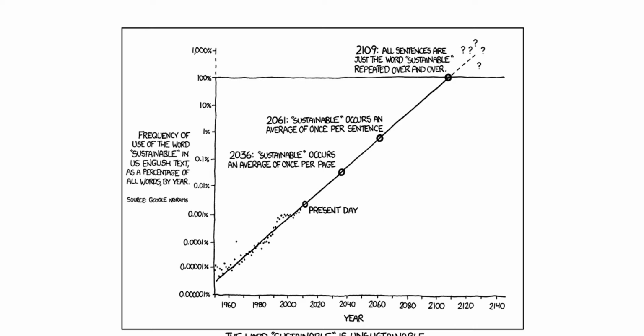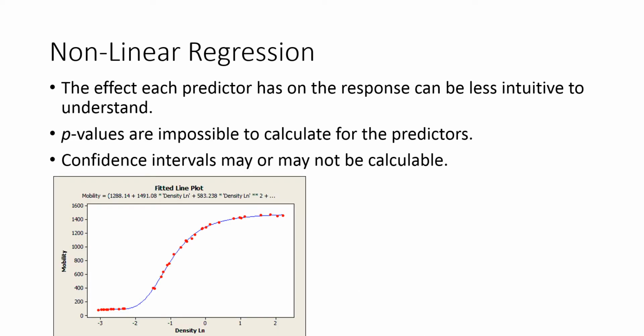Okay. So one approach that you can take is a nonlinear regression. The problem with nonlinear regressions is that they used to be really mathematically challenging to calculate. Computers have gotten substantially better, and it's easier to fit some of these models. But there's still a challenge of determining what the effect of your predictor is on the response. It's not as intuitive as a linear response.